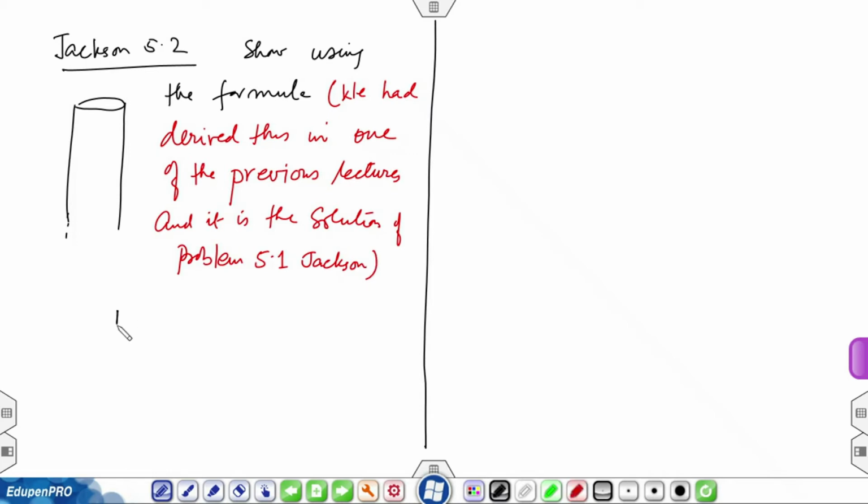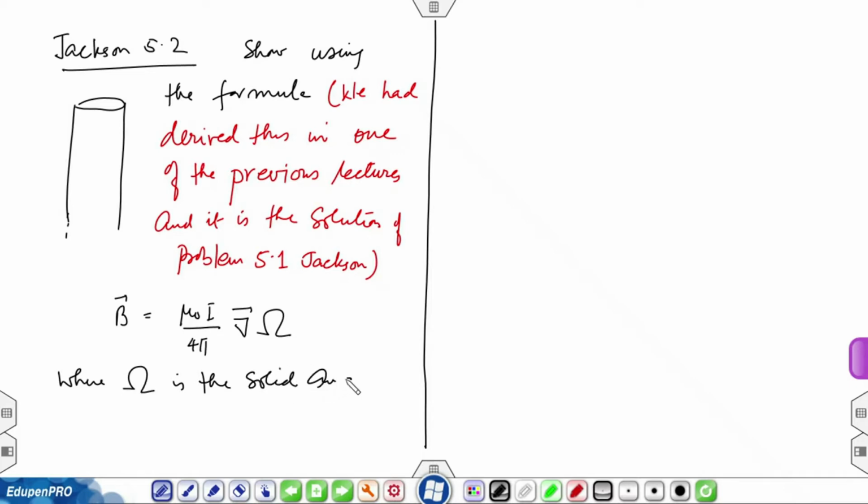So, formula is B at any point is given as mu 0 I over 4 pi gradient of omega, where omega is the solid angle formed by a closed loop at the observation point.